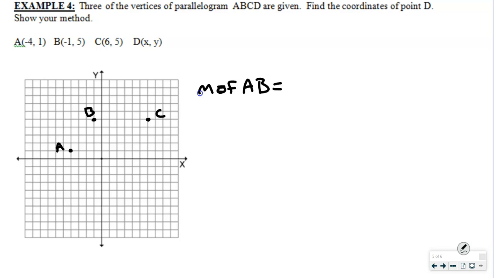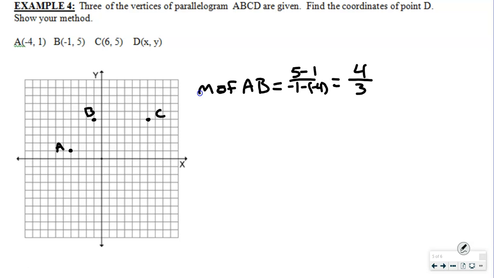We have rise over run, so 5 minus 1 over negative 1 minus negative 4. So that will give us 4 over negative 1 plus 4 is 3. So I should have a slope of 4 over 3, a rise of 4 and a run of 3.